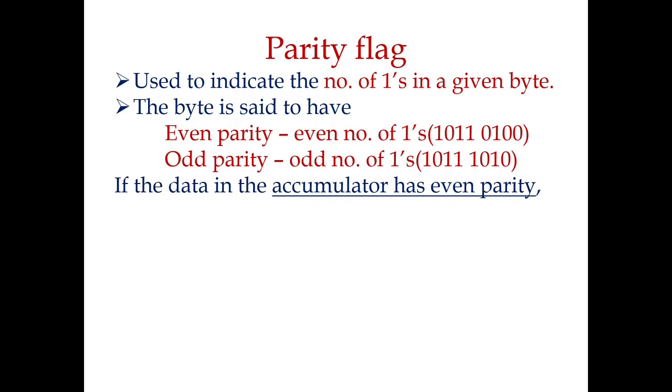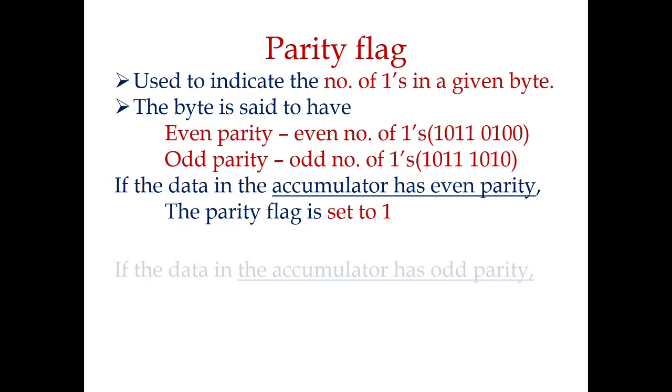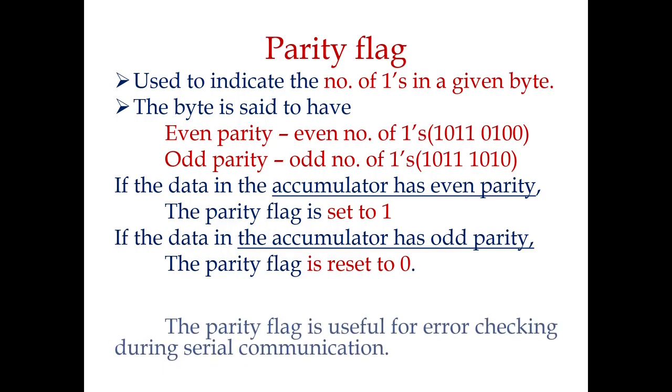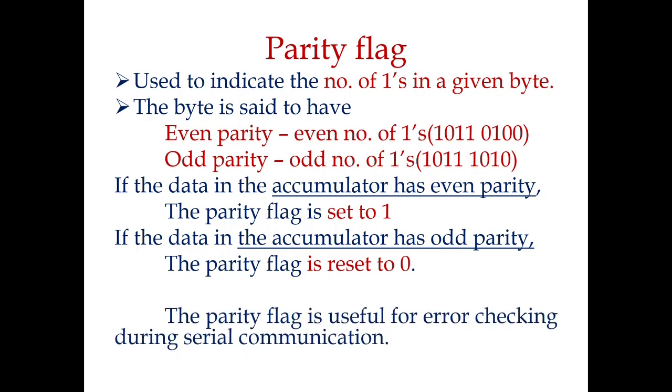If the data in the accumulator has even parity, the parity flag is set to 1. If the data in the accumulator has odd parity, then the parity flag is reset to 0. This parity flag is highly helpful for error checking during serial communication.